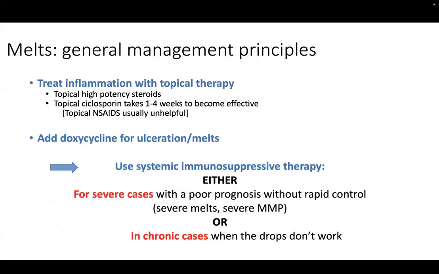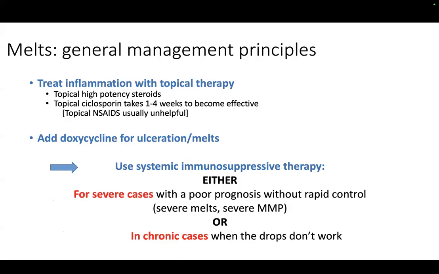As a general rule, we're not in the business of throwing huge amounts of systemic immunosuppression at patients. We're fortunate that the eye is readily accessible to topical therapy, and we will usually try high-potency topical steroids and topical cyclosporin before considering alternatives.